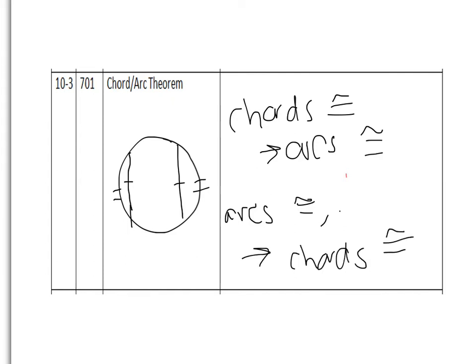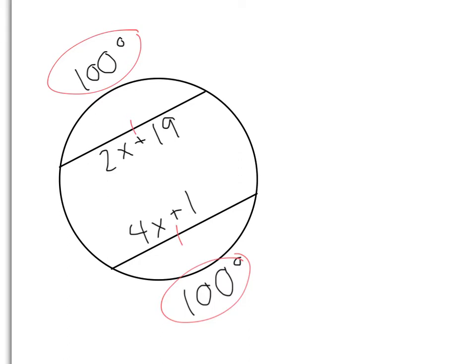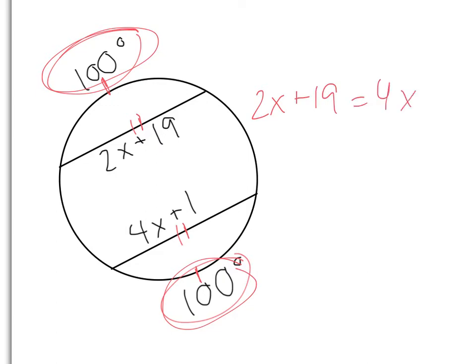Excuse my sloppy handwriting, with my finger on the iPad. For example here, we have 100 degrees for these arcs. That means these two chords are equal. So all you have to do is set them equal to each other and solve for x. I'd subtract my 2x over, subtract my 1 over, so I get 18 equals 2x. Divide both sides by 2, so x equals 9.